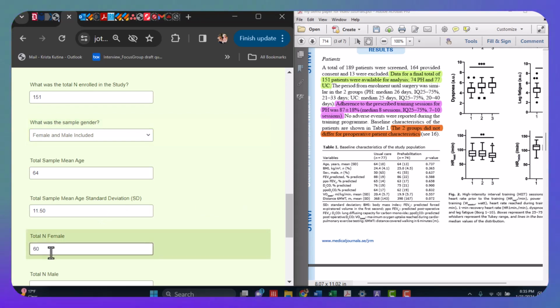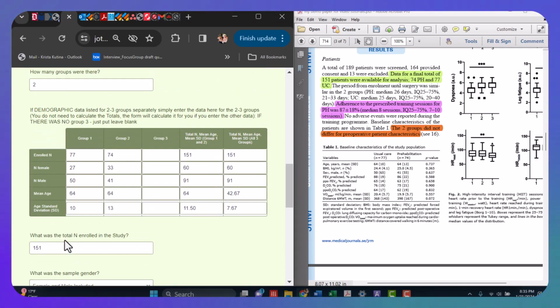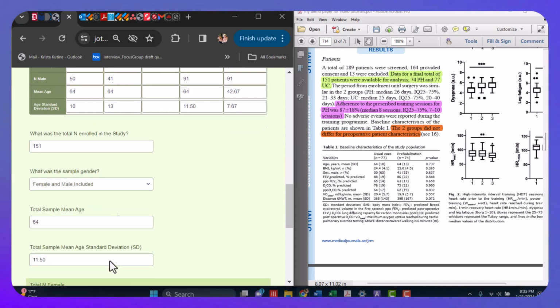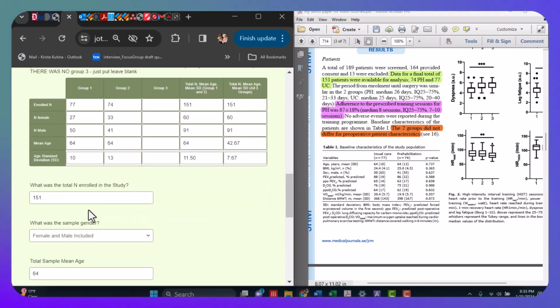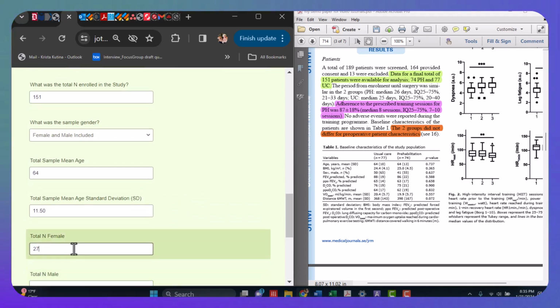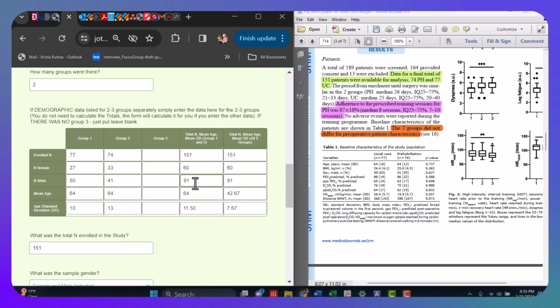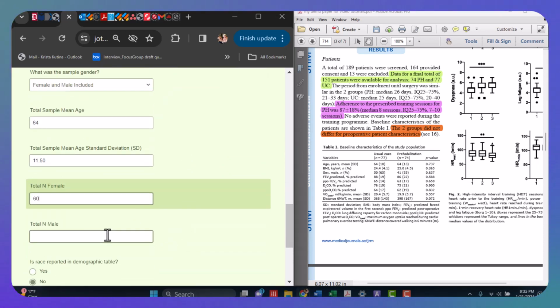The total N female was not 60, it was 27. And the total N for male calculated above. Oh, the total, I apologize, it was 60. I apologize. 60, and the total N male was 91.